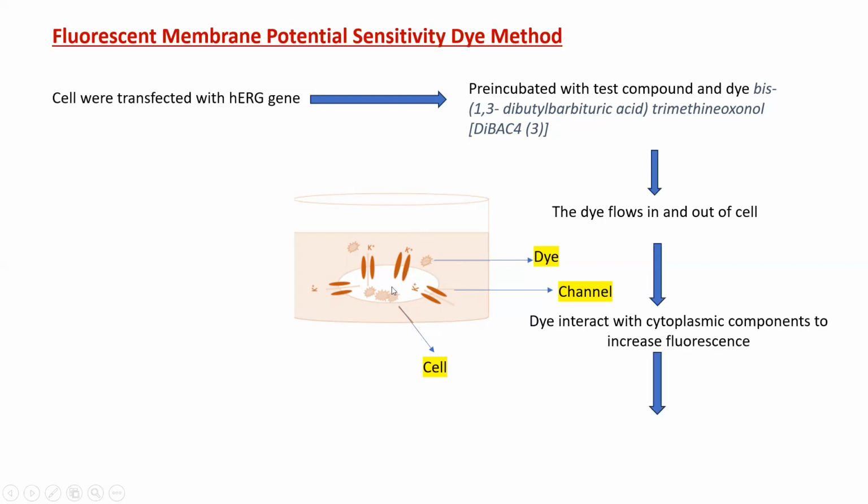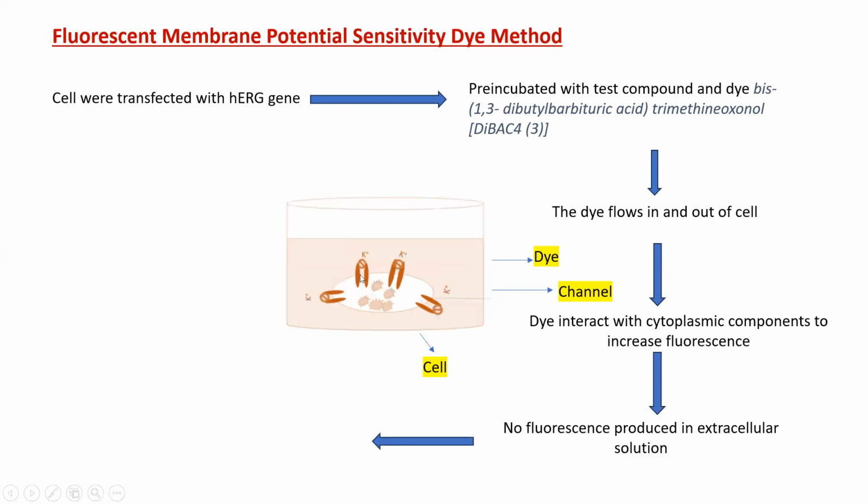Inside the cell, the dye interacts with the cytoplasmic components and thereby increases the fluorescence, whereas the dye in the extracellular solution will not produce any fluorescence.